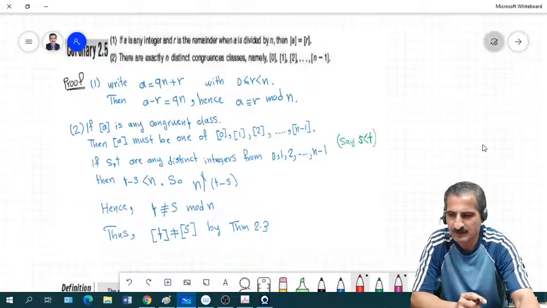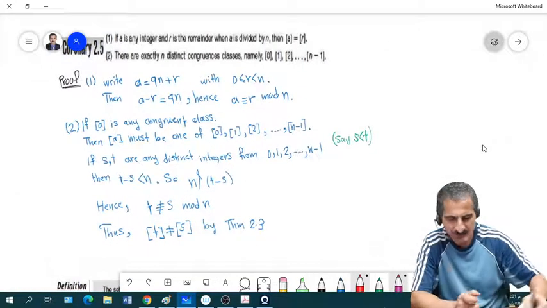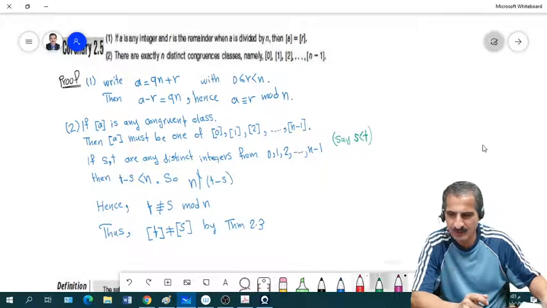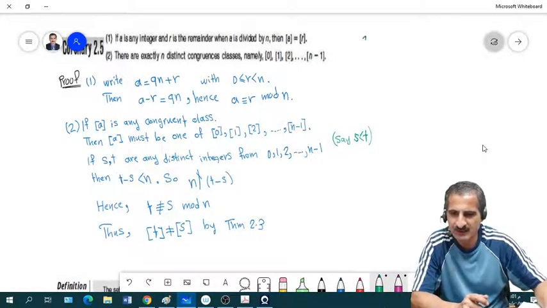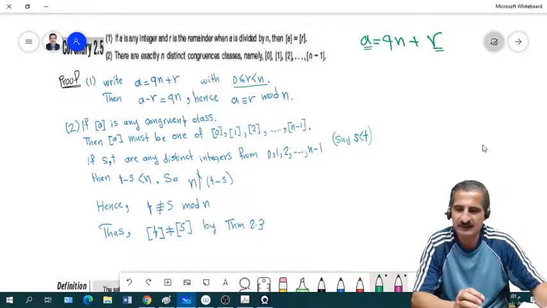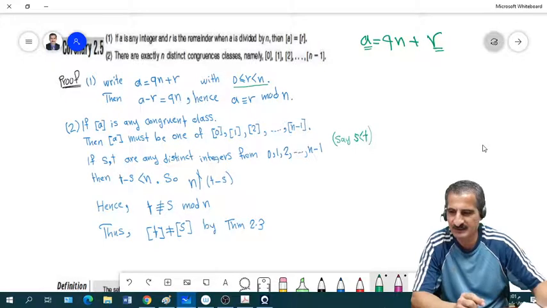Okay. Now to prove the last theorem, we said a little while ago, if we have an integer a and divide it by n with a result q, but remainder r. Now this remainder is less than the divisor, less than n. Now we write it here again, so it is here.